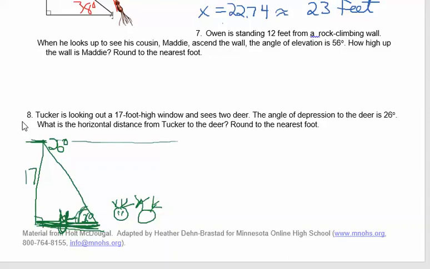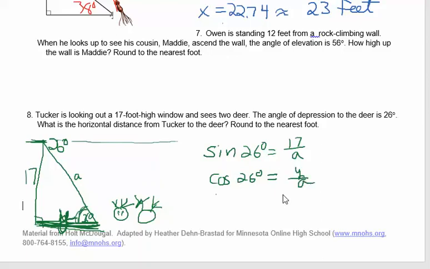So you have to decide whether to use sine, cosine, or tangent. Now, let me give this a letter, even though I don't need that side. If I was using the sine of 26, that would be equal to opposite over hypotenuse. That would not work because I don't need A. If I did the cosine of 26, cosine is equal to the adjacent side over the hypotenuse, but I don't know that side, so that's not going to work.